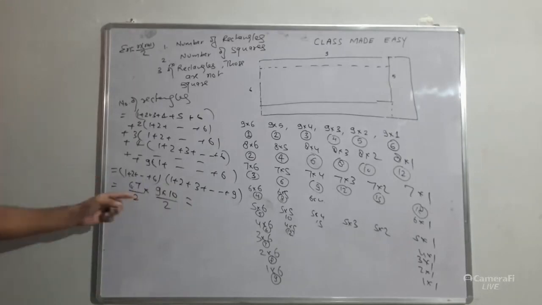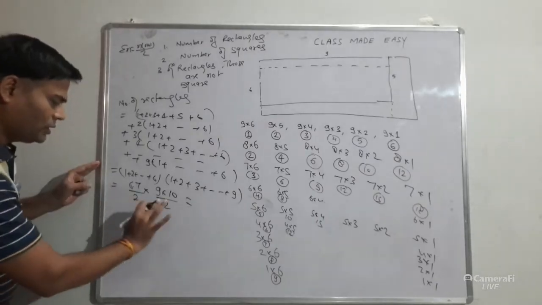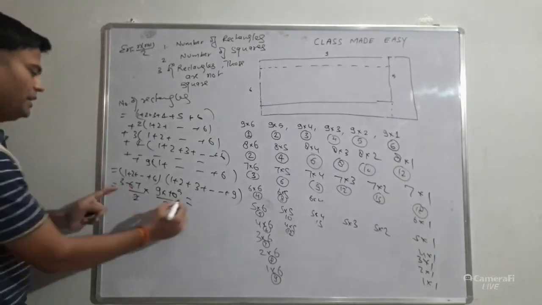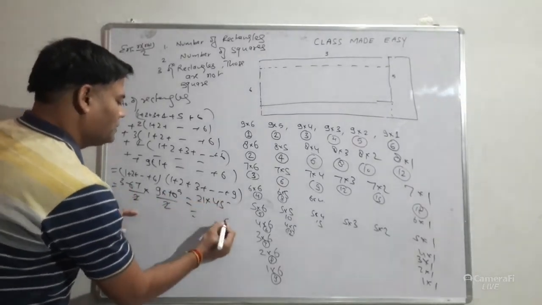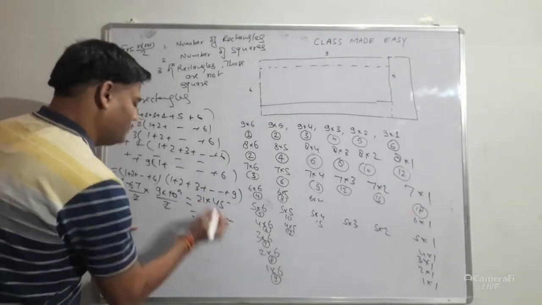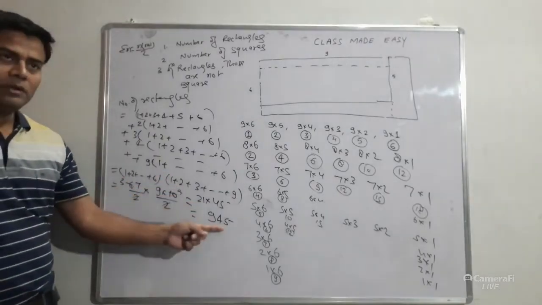So that is 21 into 45, which is 945. So the number of such rectangles is 945.